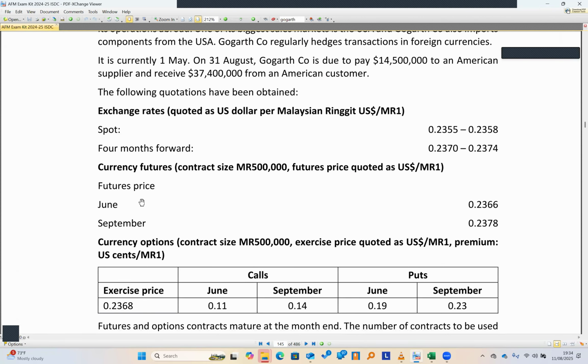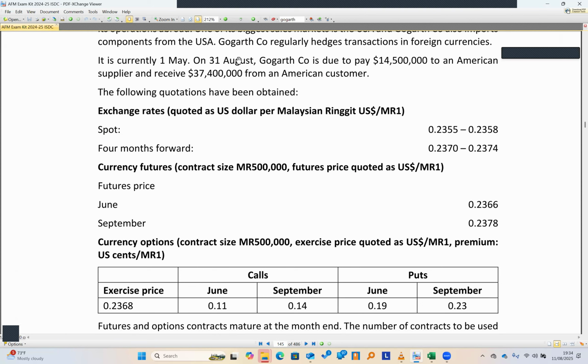First of all, for the futures, they have given us June and September. Now, if the transaction is going to happen on 31st August, that is after June, okay? Because usually the futures are given to us in 3 months, so they give us March, June, September, and December.